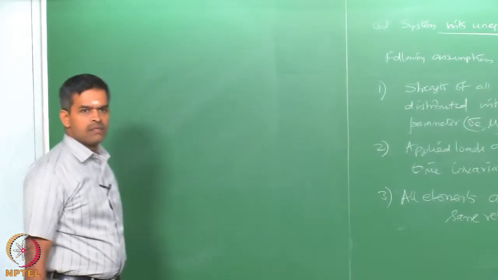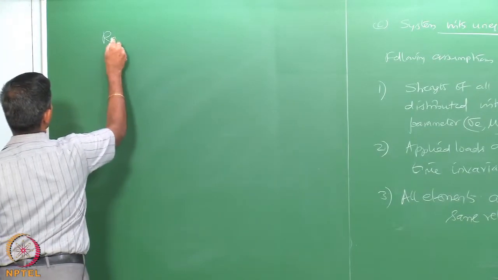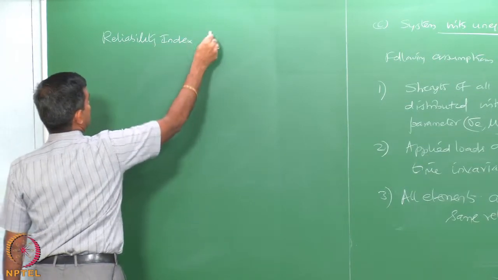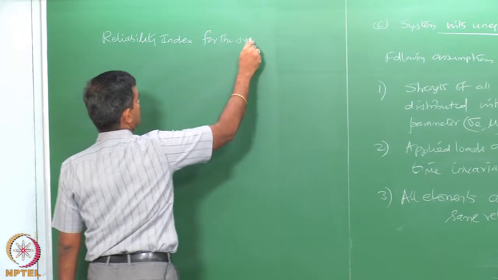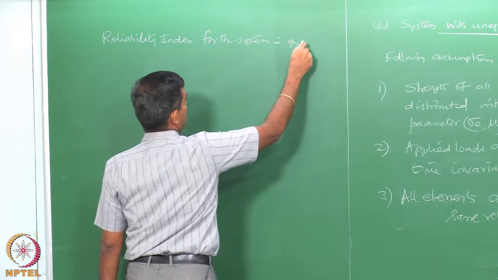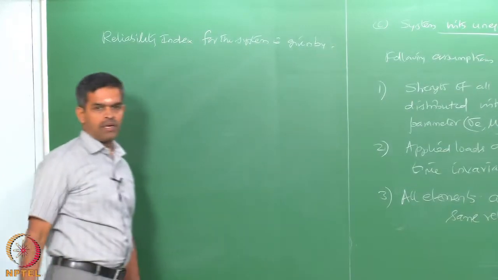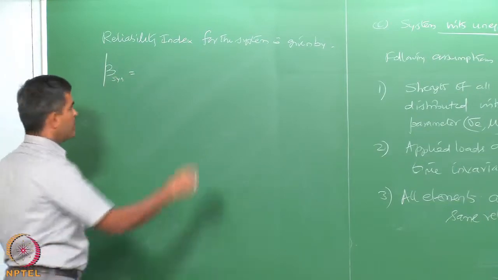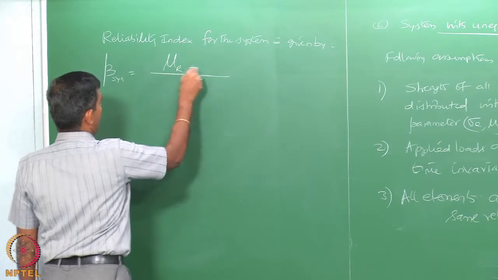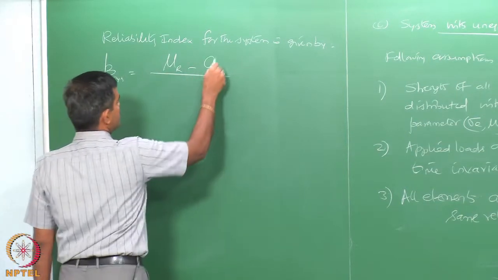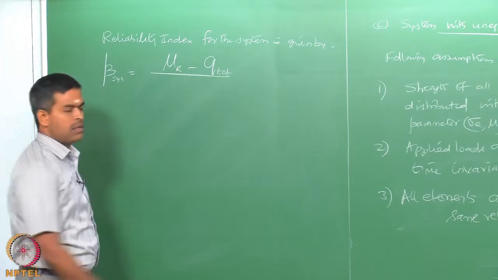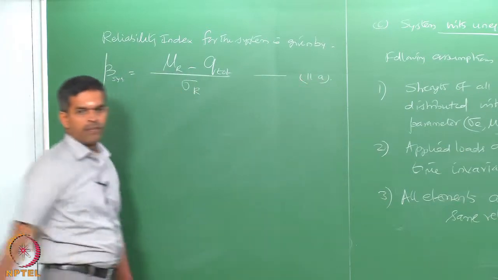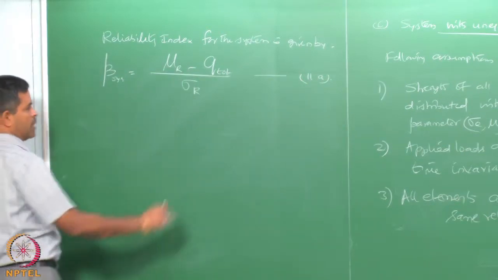Now, the reliability index for the system is given by mu r minus q total by sigma, equation 11.